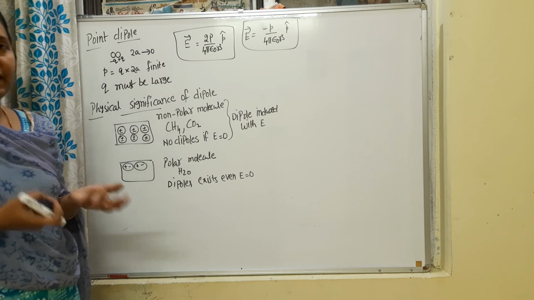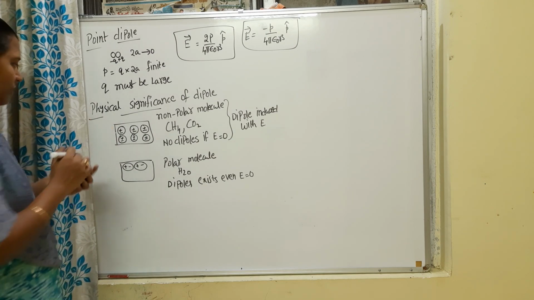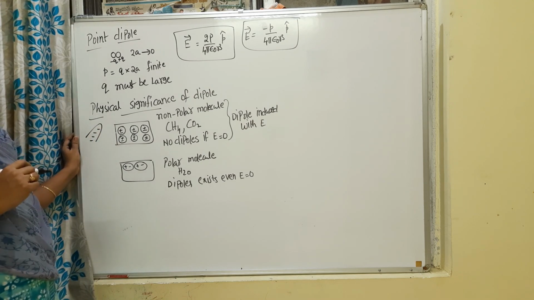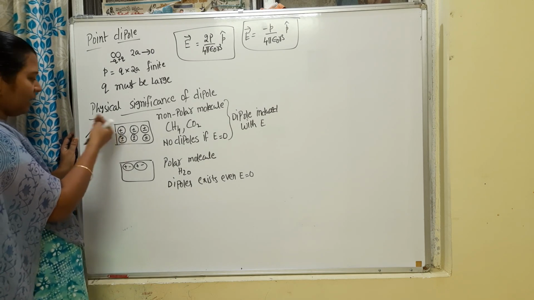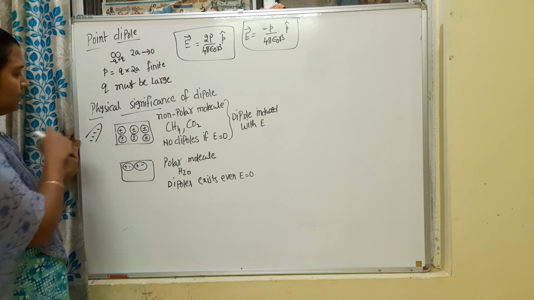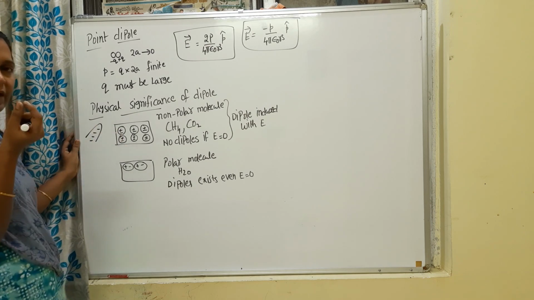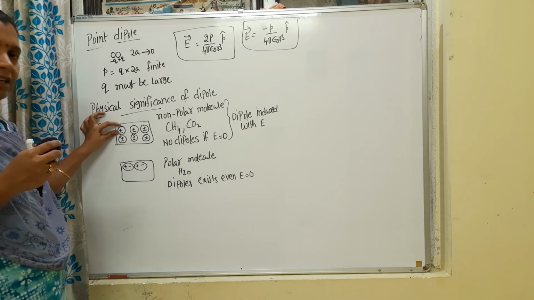So how can we get dipoles? By applying an external field. Let us say you bring a negatively charged plastic rod near. The positive charge gets attracted by the negative rod and the negative charge gets repelled, so there will be a small distortion of the spherical structure.